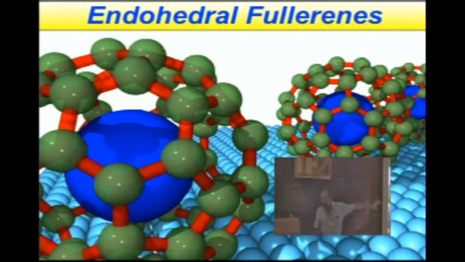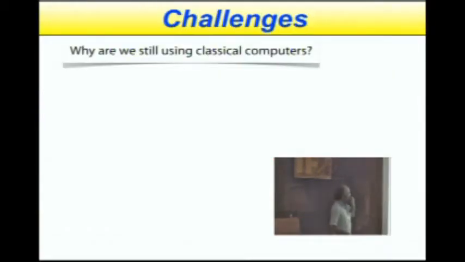I'm sure these types of molecules are very well known in Mexico. They're sometimes called soccer ball molecules. And they allow you to store an atom inside, for instance, a nitrogen or a phosphorus atom. Nitrogen or phosphorus atoms are useful qubits, but they're hard to handle without the cage around them.